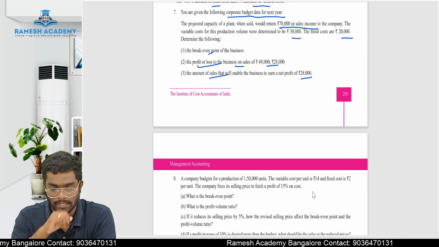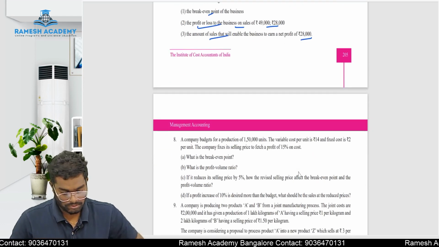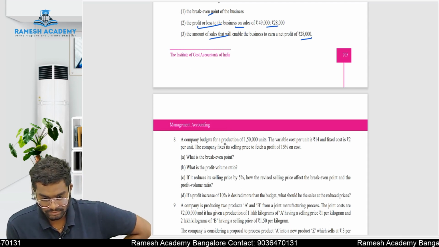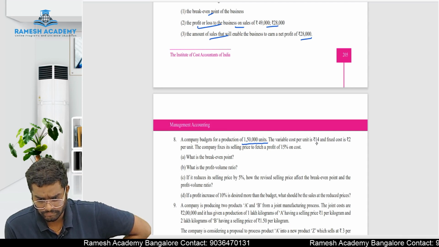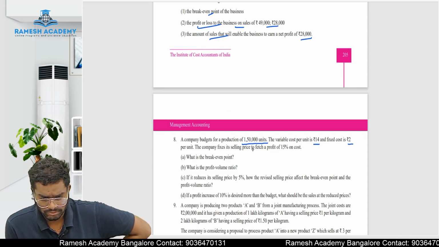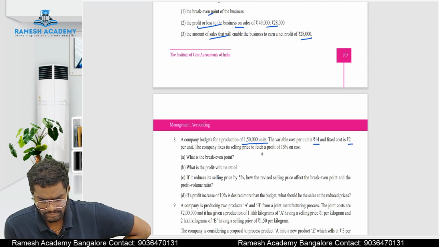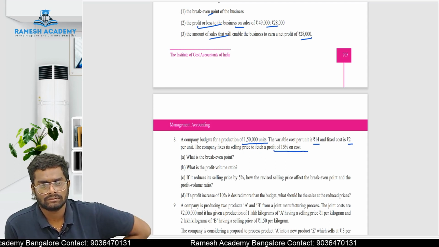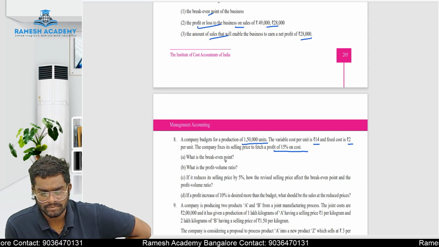Next we'll see the 8th question. The eighth question tells that a company budgets for a production of 1,50,000 units, with variable cost, fixed cost, selling price. The company fixes a selling price that it should fetch 15% on cost. What is the break-even point?